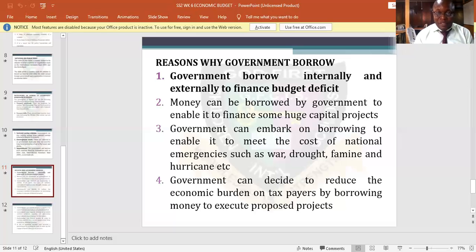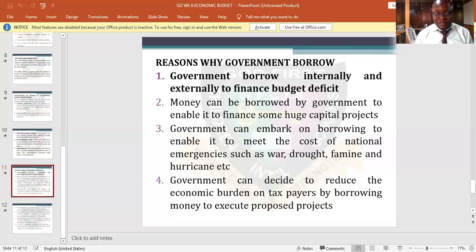Then government can embark on borrowing to enable it to meet the cost of national emergencies. So government can borrow if there's a war, or if there's anything that happens, riot or hurricane or droughts, and so on.